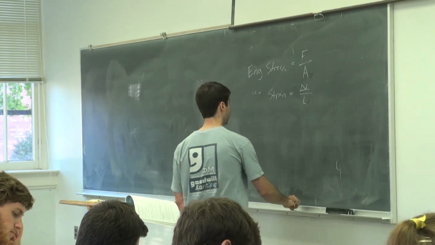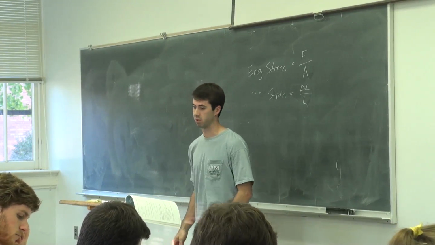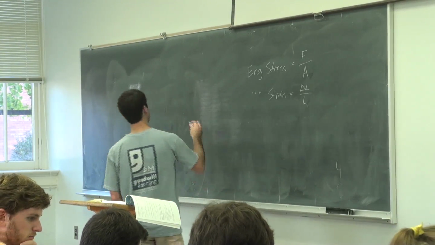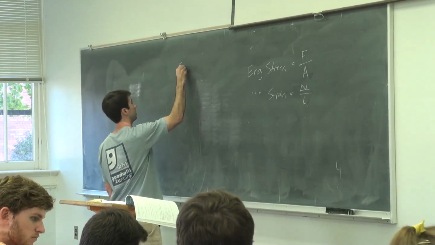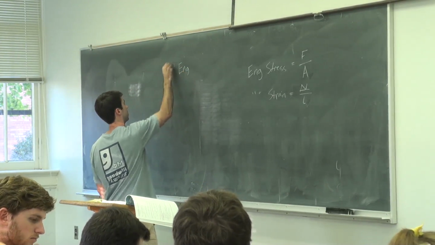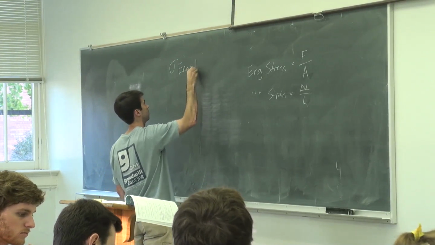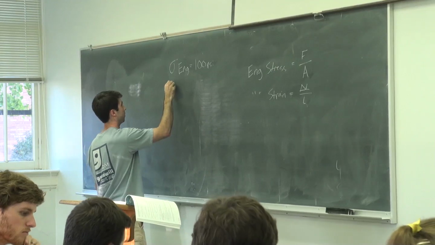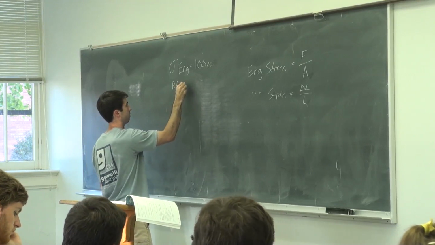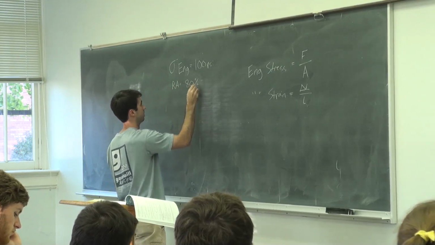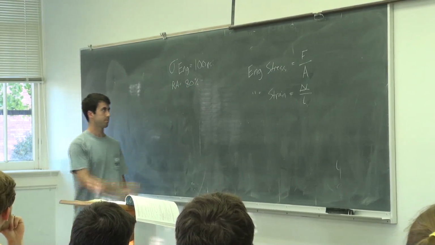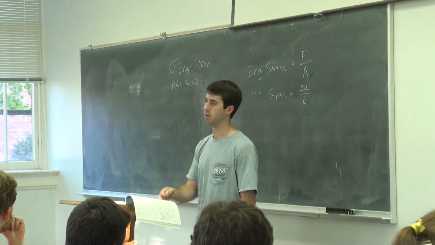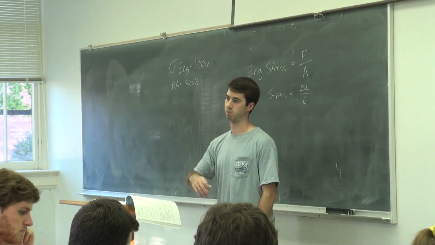And sometimes we'll see questions that will say something like, if the engineering stress is, say, 100 psi, and you have a reduction in area of like 80%, then that reduction in area is calculated by this equation. It can be used to kind of back calculate.